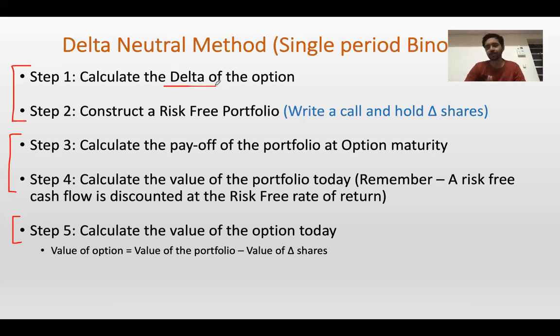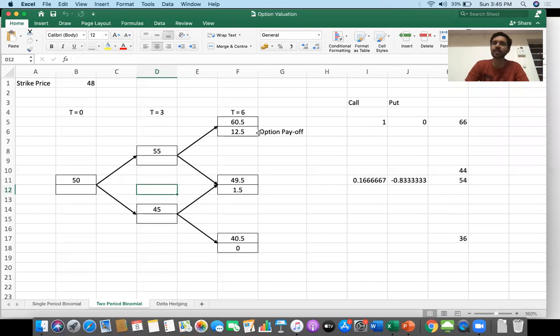For a call option, it's going to be a positive relationship, meaning the share and the option price move in tandem. And we saw that in a binomial model, delta is calculated as (y2 minus y1) divided by (x2 minus x1). Or you can also calculate it as (y1 minus y2) divided by (x1 minus x2).